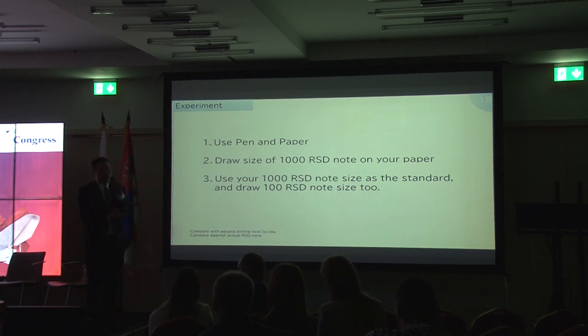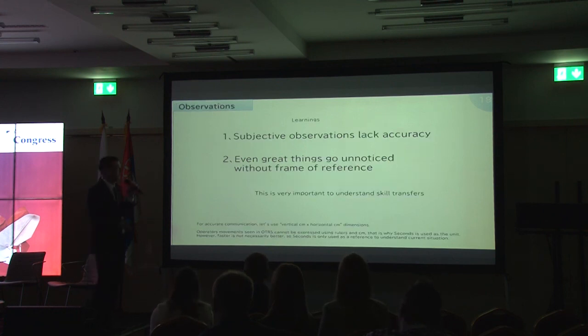So the whole point of this exercise is that even though you guys are very accurate with the dinar notes, when you observe with your own eyes, one person's eyes, your observation is very subjective, and it can differ very widely between people. So that is why we recommend our video solution, where you record all the actions so that different people can analyze and you get the same analysis.